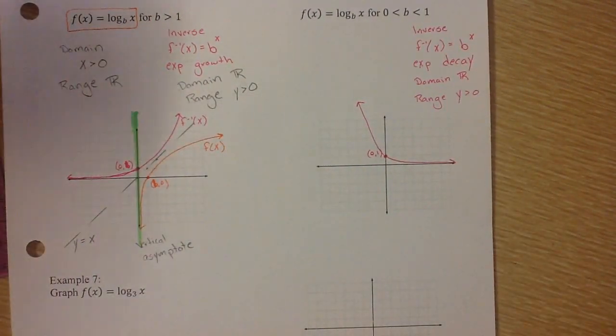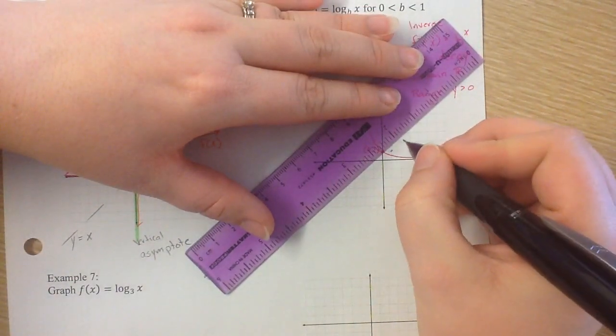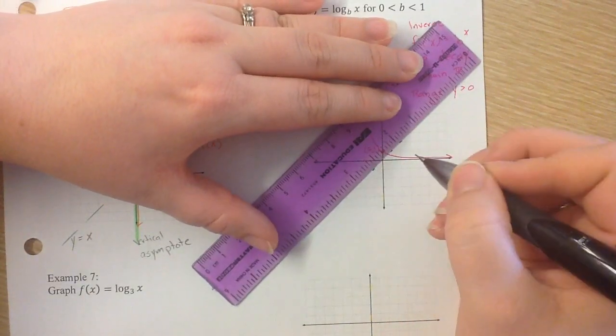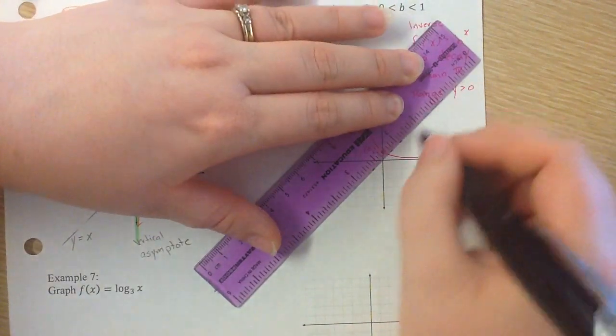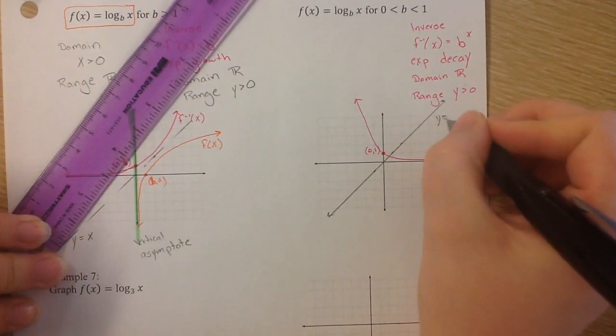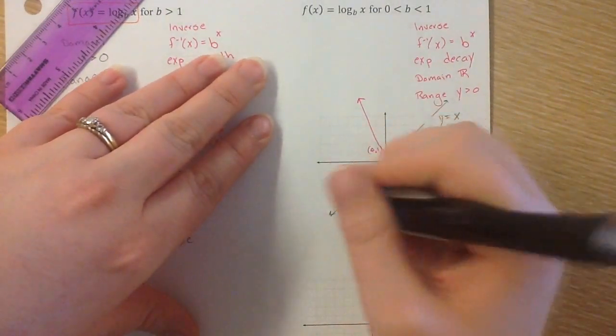Again, here's my inverse function. So when it comes to graphing the log, it's still going to have that reflection over this line, the y equals x line. I probably should have drawn it dotted, so I'm going to erase some pieces.